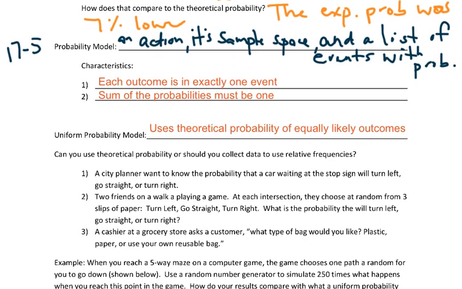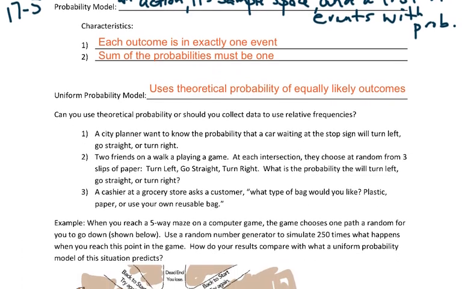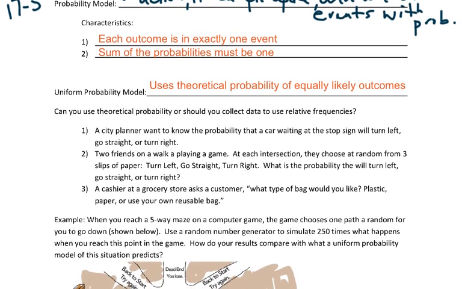Let's take a look at these scenarios. The question is, can you use theoretical probability or should you collect data to use relative frequencies? Number 1 says a city planner, and there are a lot of typos in here, I apologize. A city planner wants to know the probability that a car waiting at a stop sign will turn left, go straight, or turn right.